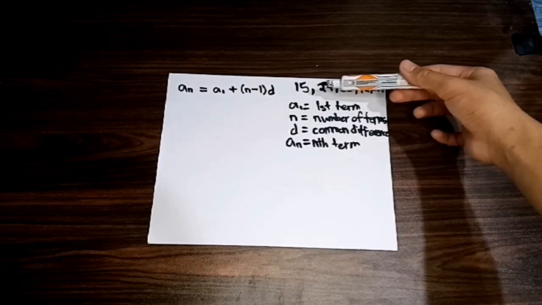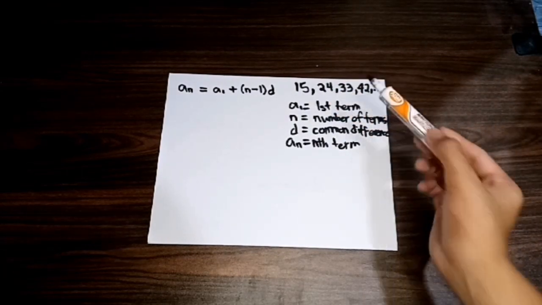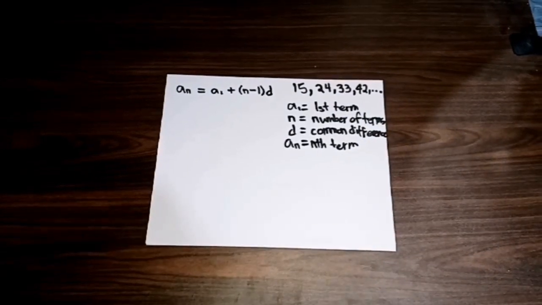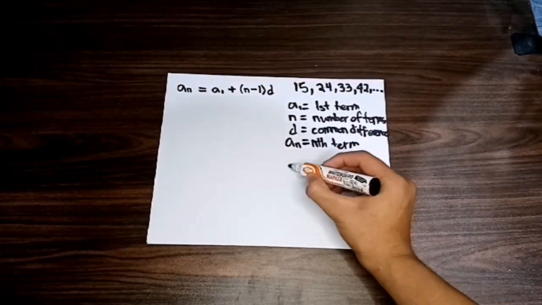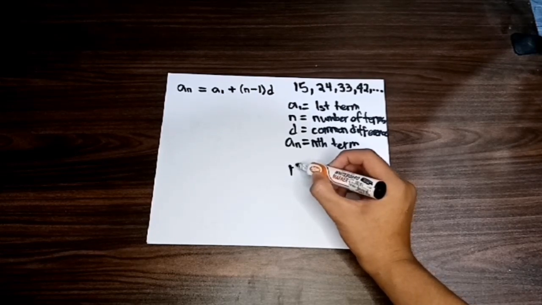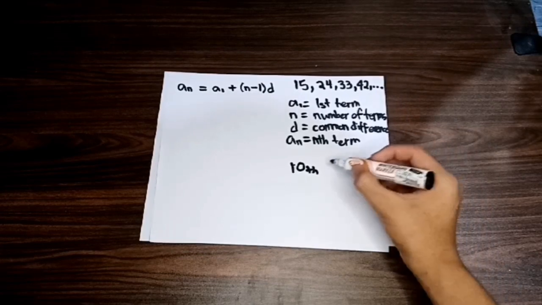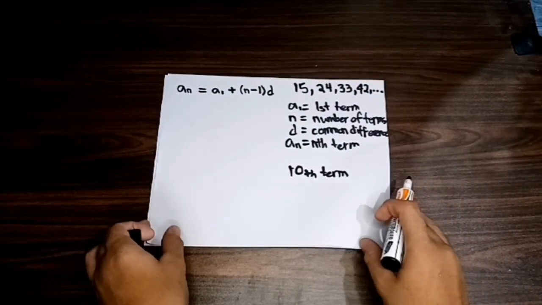So, here is our example sequence, which is 15, 24, 33, and 42. Let's use this example sequence to find the nth term. For example, the nth term is the 10th term.